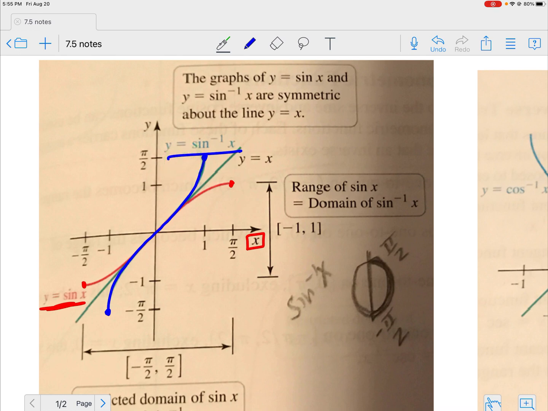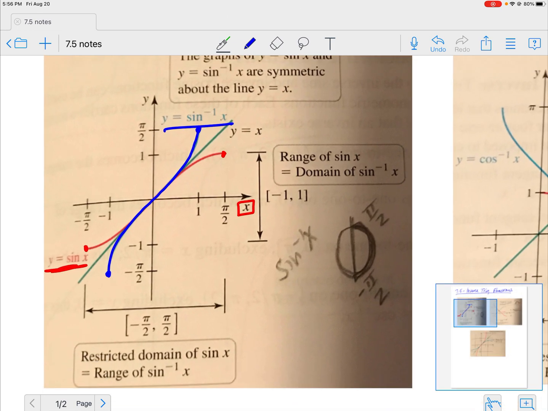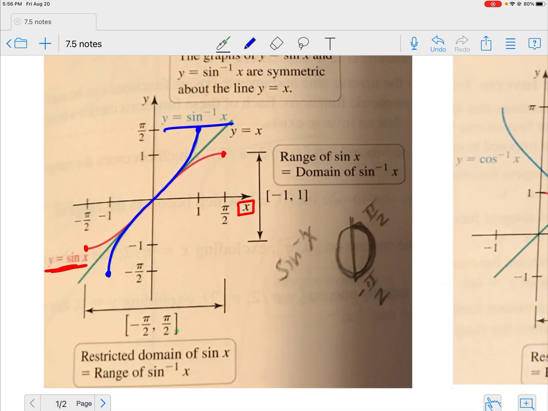You see that? Okay, so that's my inverse, which also means if my domain is restricted here to negative pi over 2 to pi over 2, that means my output of my inverse sine, oops, I didn't even have that there. My output then of my inverse sine is going to be from negative pi over 2 to pi over 2.